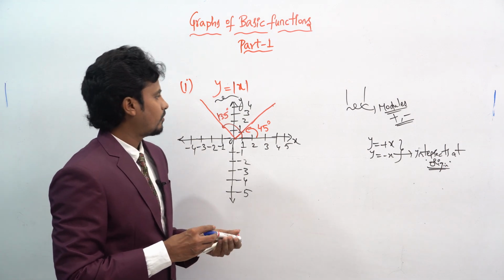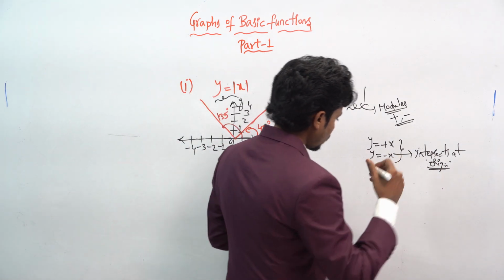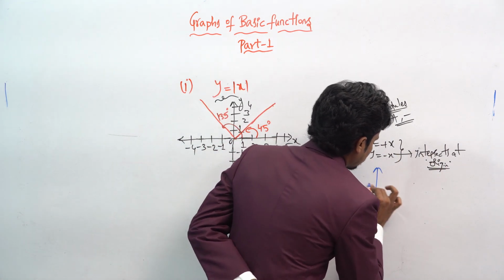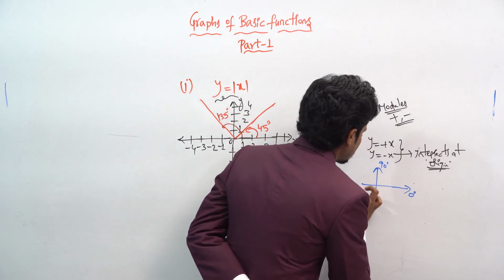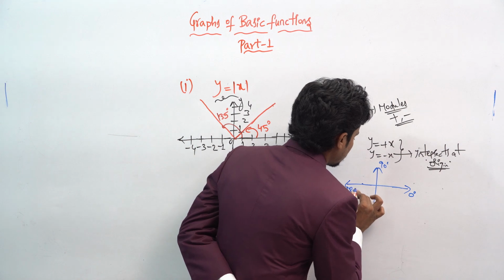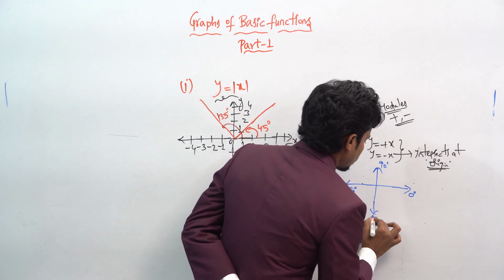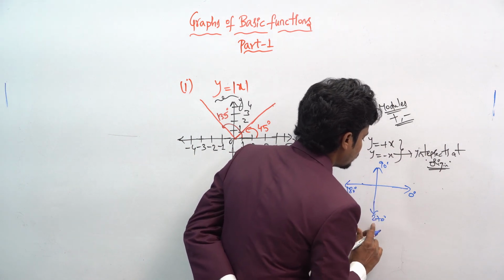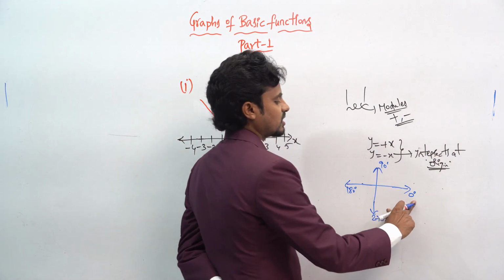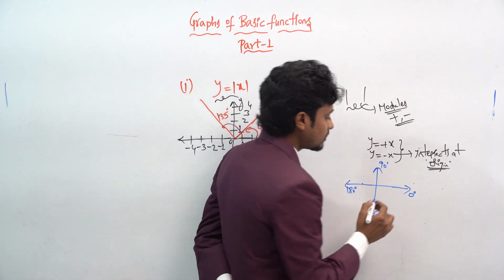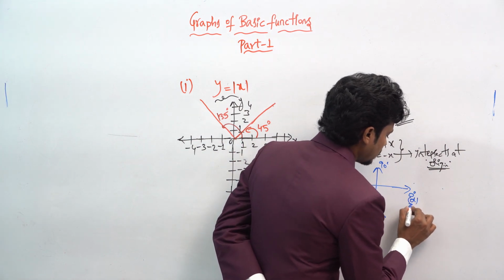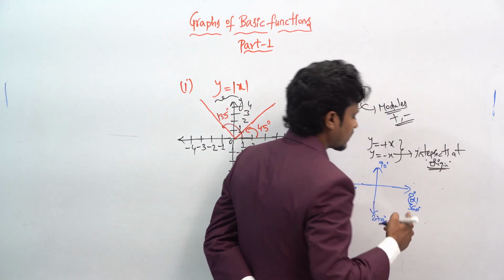For example, if you consider this will be 0 degrees and this will be 90 degrees and this will be 180 degrees, this will be 270 degrees. When 270 degrees moves on to 0 degrees, it will be 0 degrees or 360 degrees, that means a complete cycle.